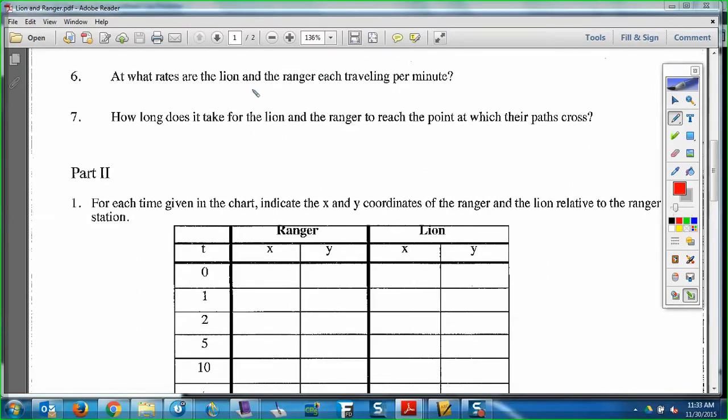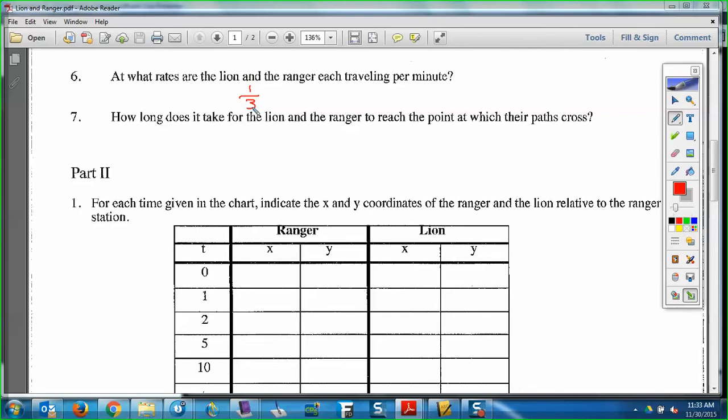Now, you might have been tempted to say that the lion's rate would be his slope, which was 1/3, but that's not his rate, right? Because what are the units on the slope of that graph? The y over the x, right? That'd be miles north over miles east. Slope is a rate.